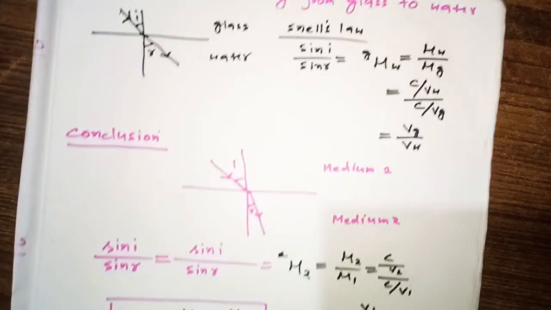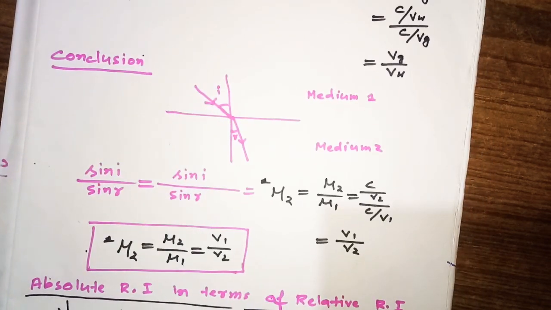Okay, so in a simple sense, if the light is traveling from medium 1 to medium 2, suppose medium 2 in this case is a denser medium, so simply what Snell's law will give us, sin i by sin r is nothing but relative refractive index of medium 2 with respect to 1, and that is nothing but velocity of light in medium 1 divided by velocity of light in medium 2.